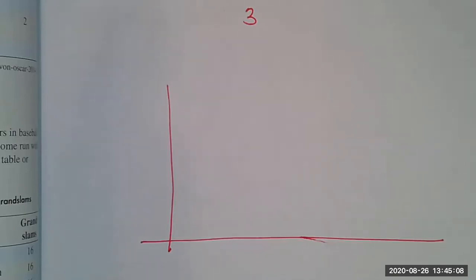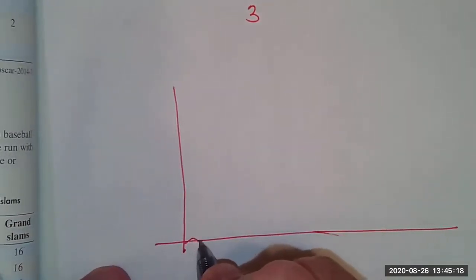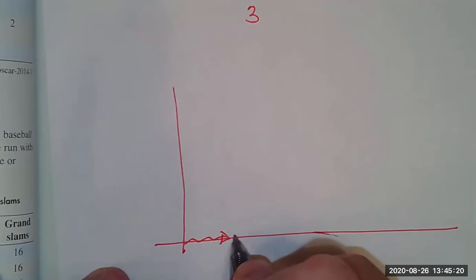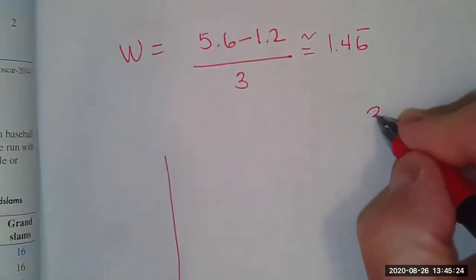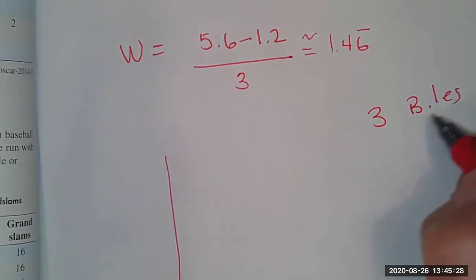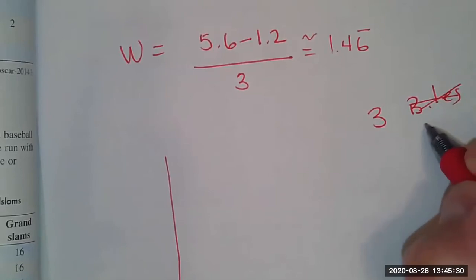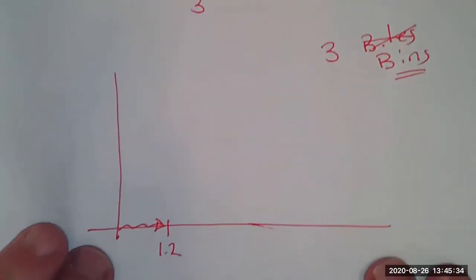So let's say you use this data just to practice histograms, because that's where the classes are leading you towards. What's the smallest number here? I think it was 1.2. Let's make this 1.2. And now we want 3 bins, rectangles, piles. 3 bins.